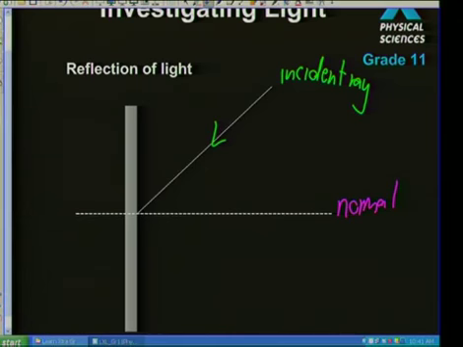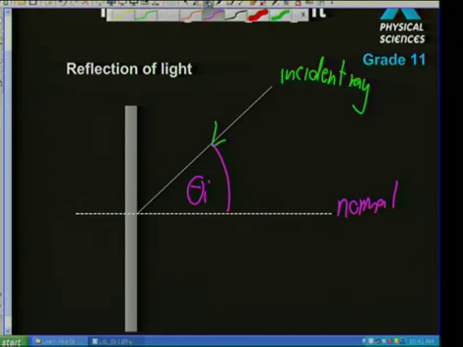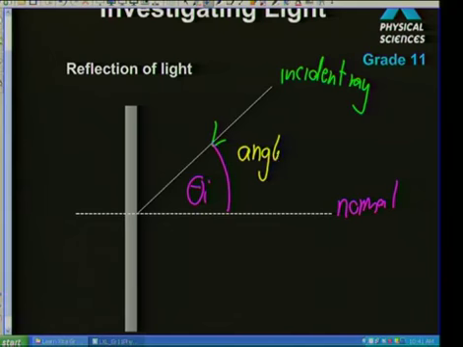We need to recognize that the angle that is formed between the normal and the incident ray is known as the angle of incidence. So this angle measured from the normal is known as the angle of incidence.